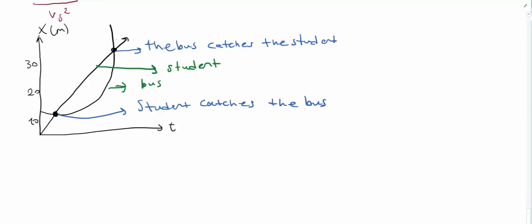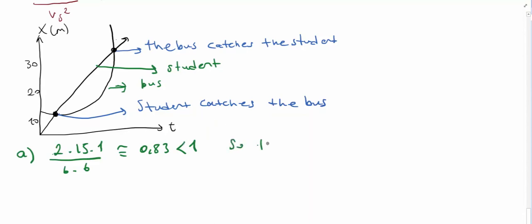So solving option A, 2 times 15 times 1 over 6 squared is approximately 0.83. This is less than 1, so the student catches the bus.